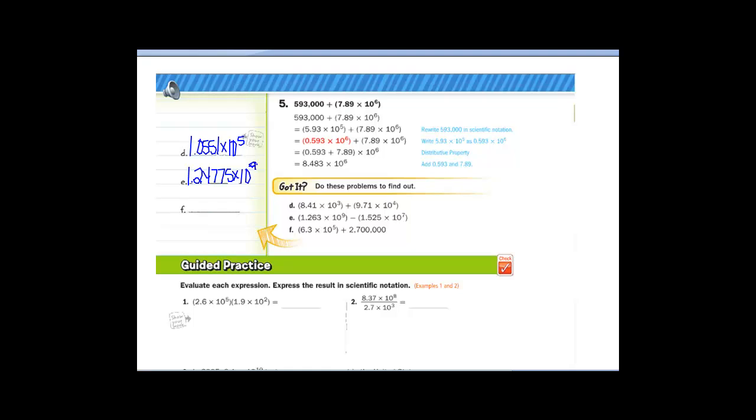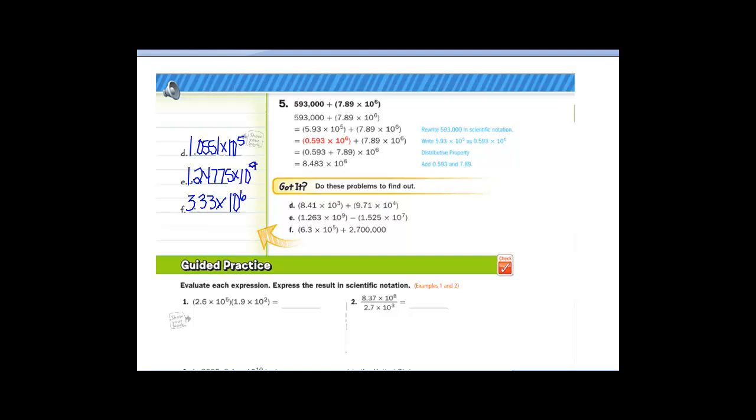F, 3.33 times 10 to the 6th. Okay? So make sure that we've got everything in the right power of 10. All right, let's try these last two here before we are done.